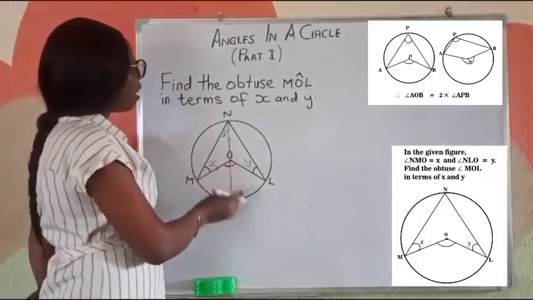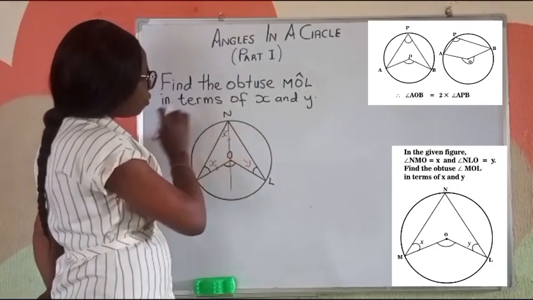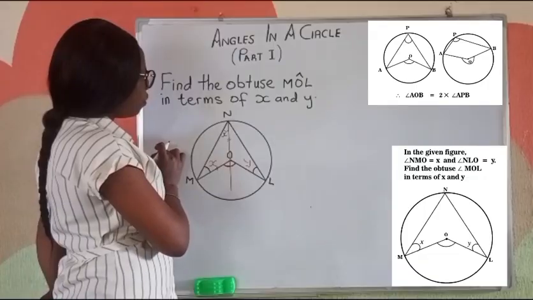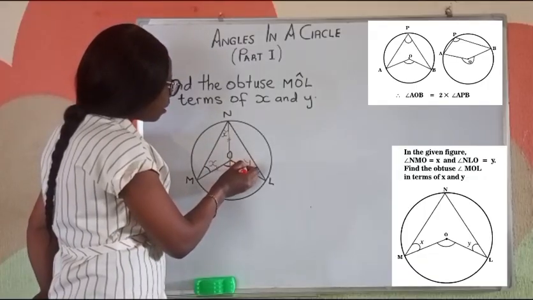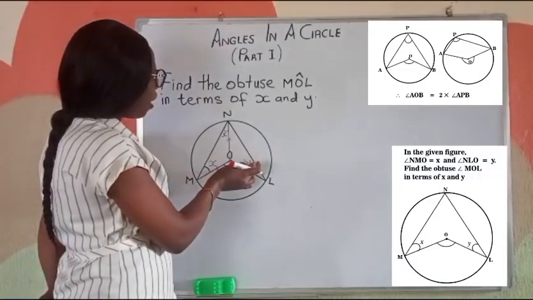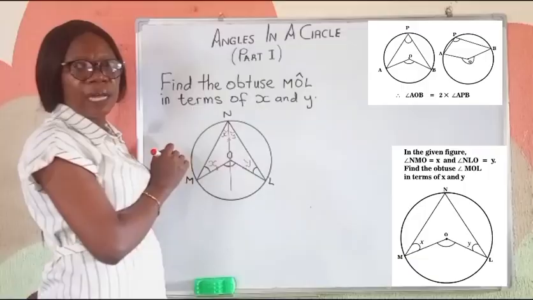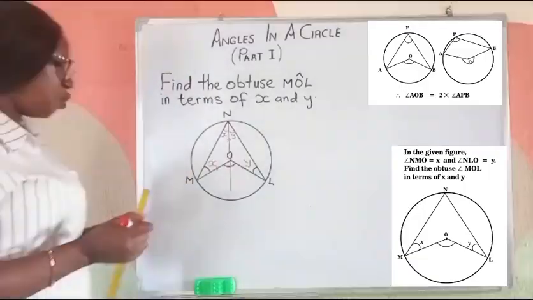Then when you look at triangle NLO, this is the radius of the circle and this one is also the radius of the circle. So these two lines are equal, making this an isosceles triangle. So this angle Y is also equal to this angle Y, base angles of isosceles triangle.